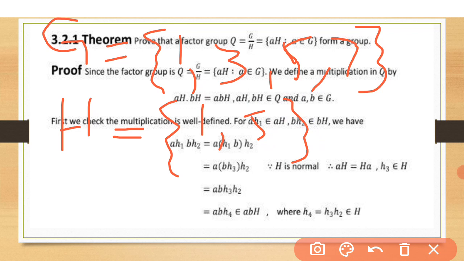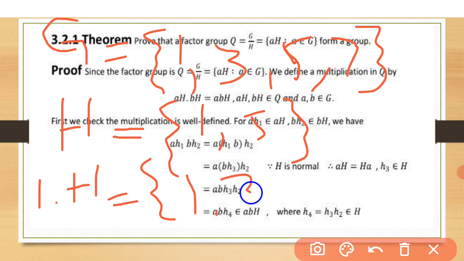We are going to take the first left coset, 1 multiplied by H. It gives us 1 into 1 is 1, and 1 into 5 is 5. This is the first left coset, and I am going to write here the second left coset, 3 multiplied by H.